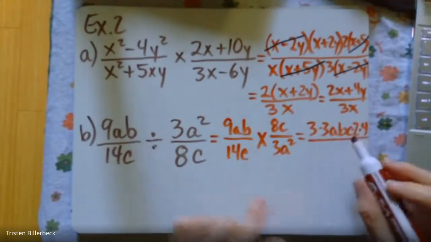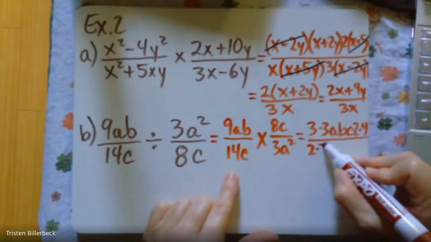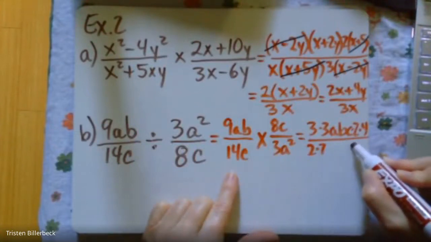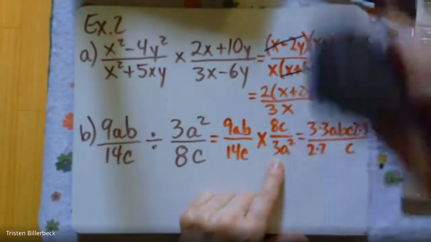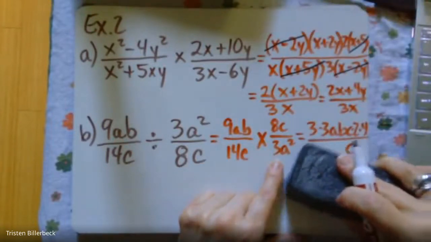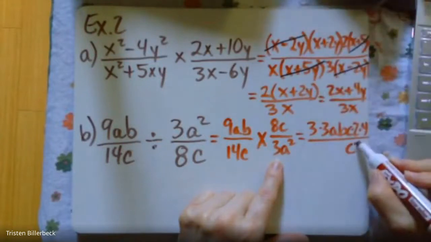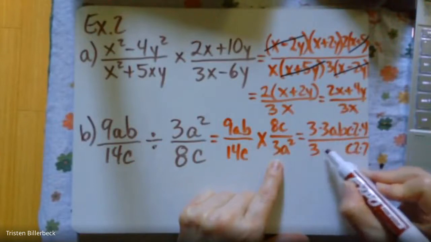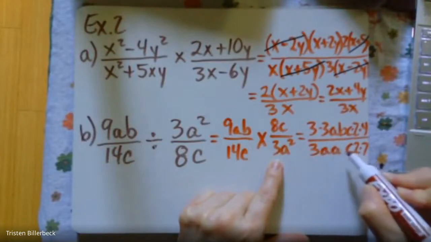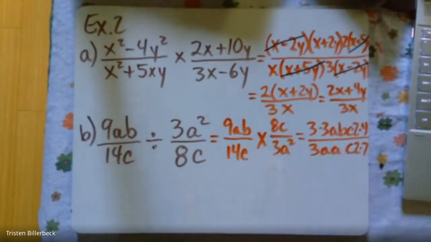Down here I have 2 times 7. I'm going to put the c right there, and I have a 3a times a. So now we can see better.